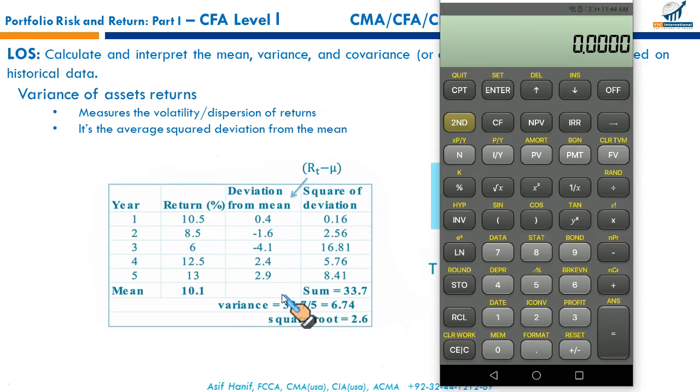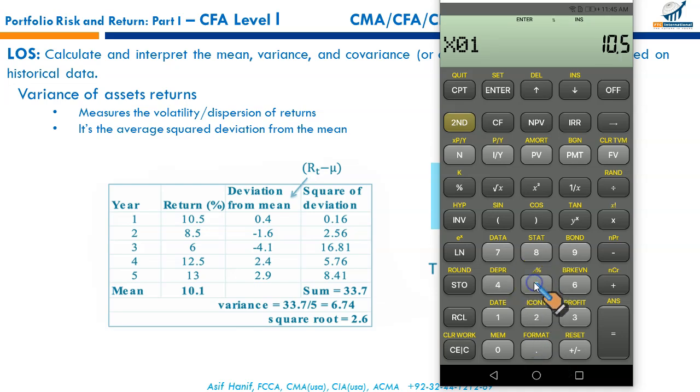Okay, so this is how you can calculate the standard deviation and variance using your financial calculator. You press second, press 7, that will bring you to the data mode. Enter the first value, that is 10.5.